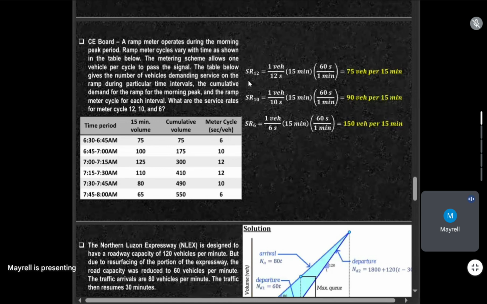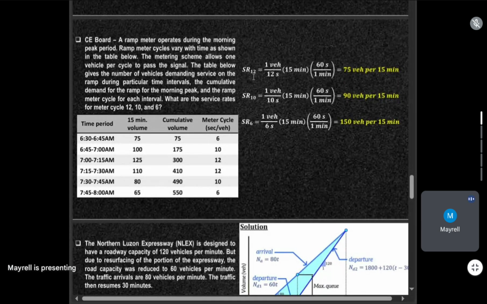So service rate. For the meter cycle of 12, if you could serve one vehicle for 12 seconds in the 15 minutes, times 60 seconds for 1 minute, you can serve 75 vehicles per 15 minutes.